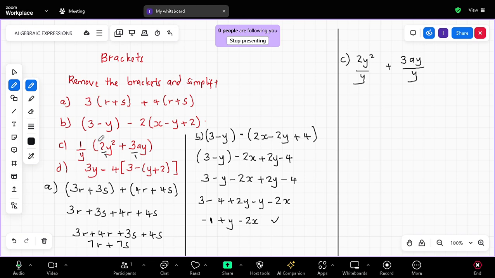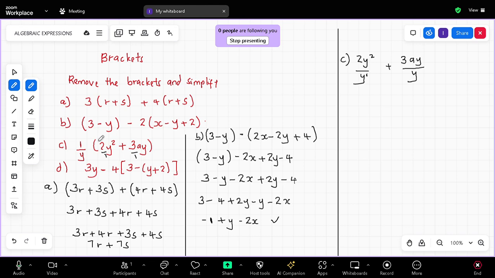Now we have y squared in the numerator and y in the denominator. This y is the same as y power 1, and this is y power 2. So here we have 2 y's, and here we have 1 y. So 1 y will simplify 1 y, and we are remaining with only 1 y.